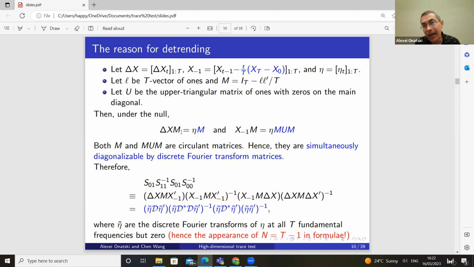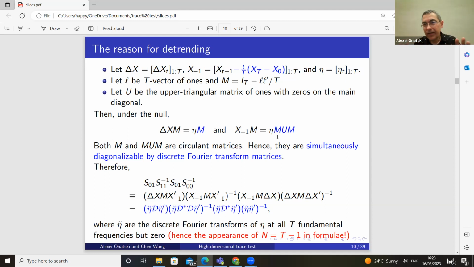So multiplying by M means demeaning. And here I'm also demeaning this X minus 1. So I'm interested in the canonical correlation between this thing and this thing. But then simple algebra shows that this thing is nothing else than eta, the errors, multiplied by M. And this thing is eta multiplied by M times U, and then again times M.